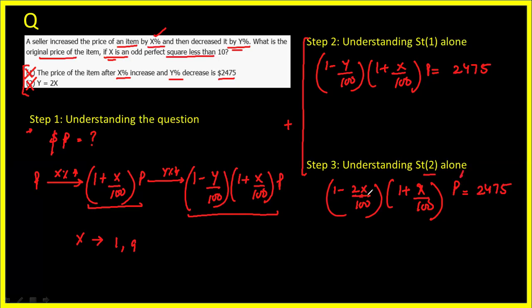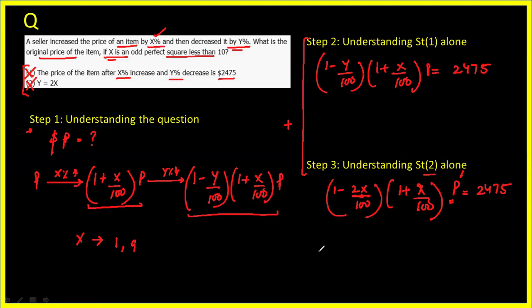When we substitute X as 1, the value of P will be different as compared to substituting X as 9. So we'll have two values for P. The price of the product will not have a definite value. That means even after clubbing, we are not getting a definite value for the variable P.